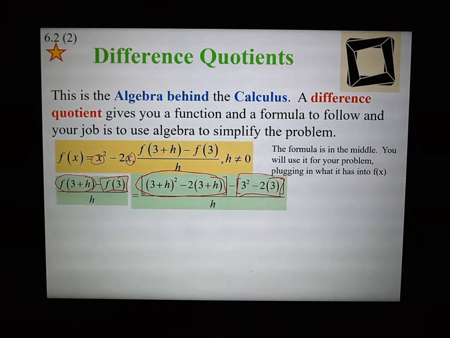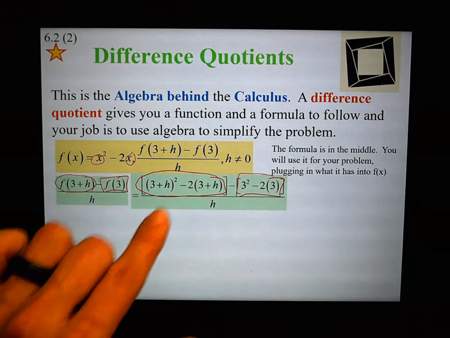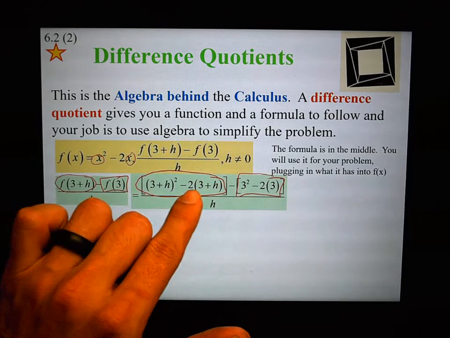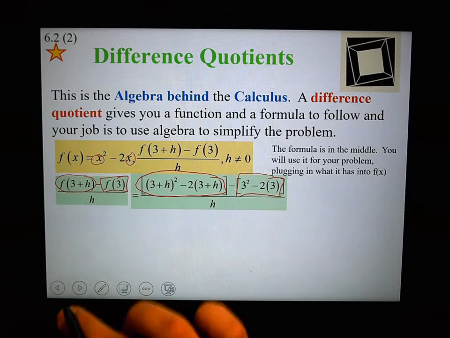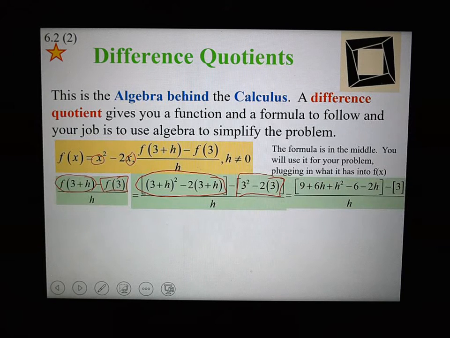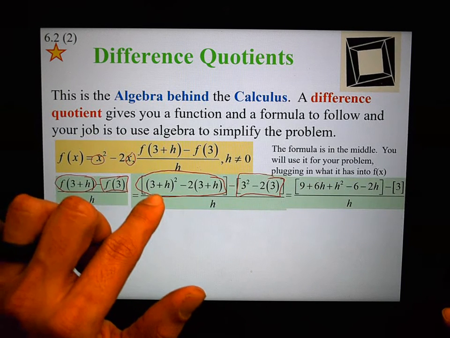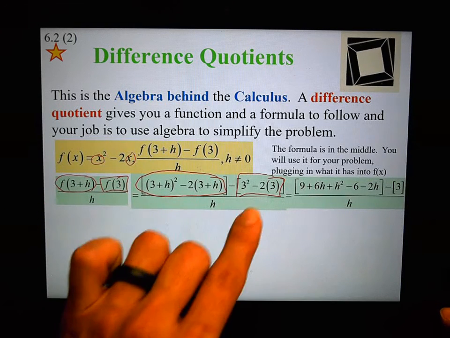And now I'm just going to do the algebra. I'm going to FOIL this piece, which is 3 plus h squared is 3 plus h times 3 plus h. I'm going to distribute this. I'm going to simplify that, which looks like this. 9 plus 6h plus h squared minus 6 minus 2h. 9 minus 6 is 3.